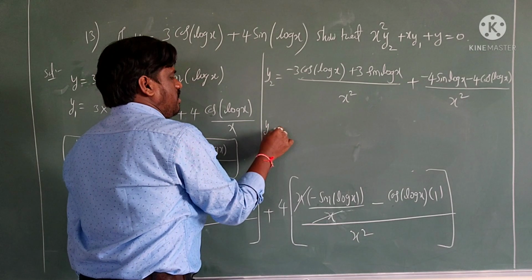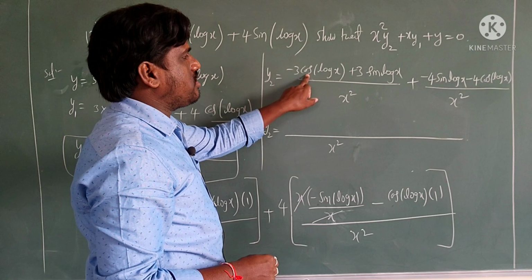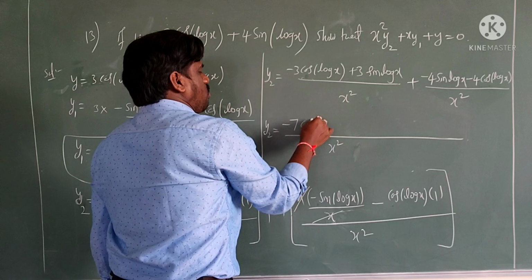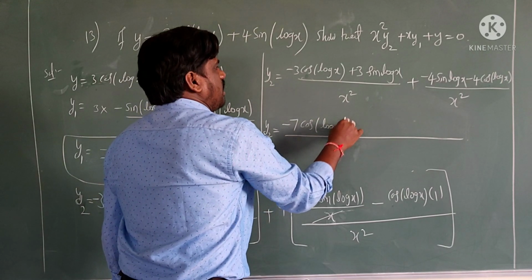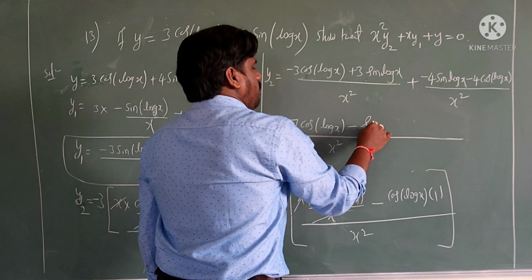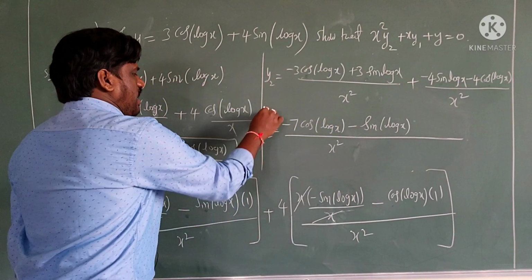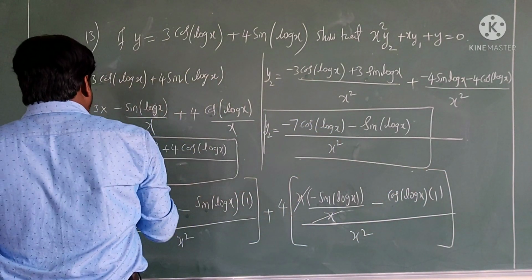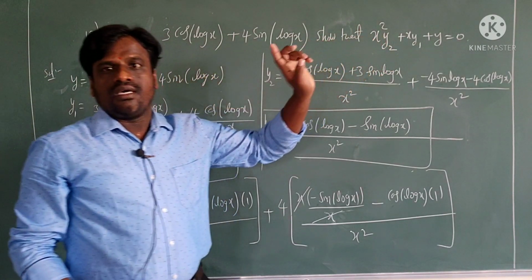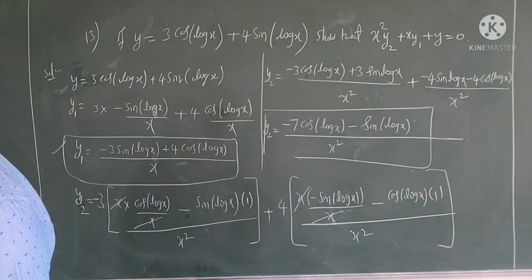So the y2 value will be, taking the LCM, minus 3 cos log x minus 4 cos log x, which gives minus 7 cos log x, and here plus 3 sin log x and minus 4 sin log x gives minus sin log x. So here I got y2 and y1. If I substitute these y1 and y2 values in the equation and then cancel, I am going to get the answer 0. Please note down.